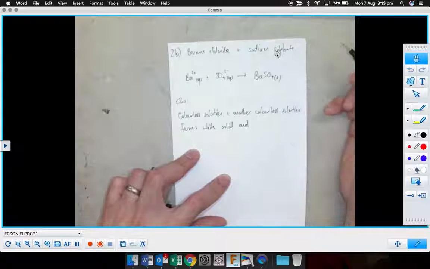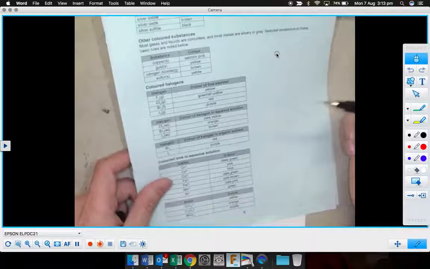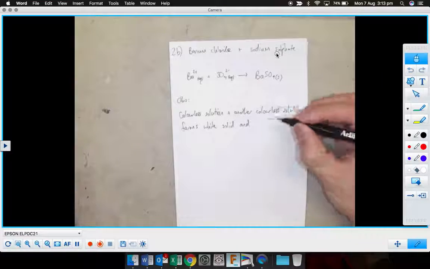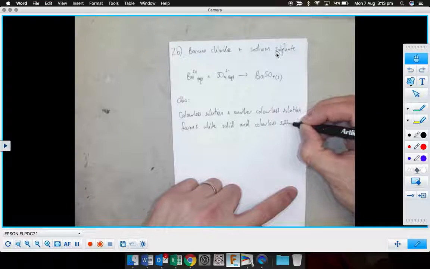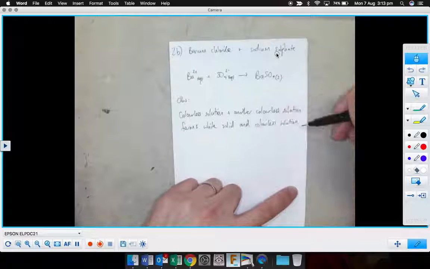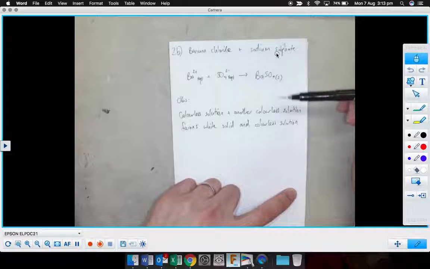And then we have to think, sodium chloride, what color is sodium chloride? Sodium's not there, chloride's not here, that's going to be a colorless solution. So even though we don't write the sodium chloride, we need to recognize that it's still a colorless solution. So this is the observation for this particular reaction.